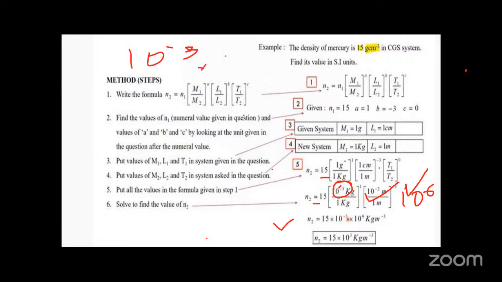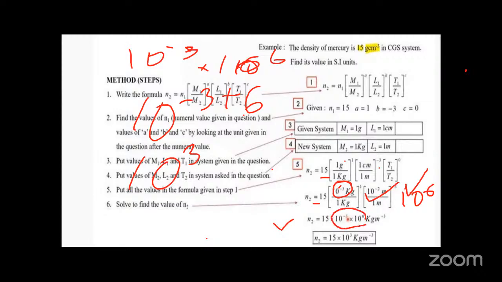So that will give us 10 raised to 3. So we have 15 times 10 raised to 3.